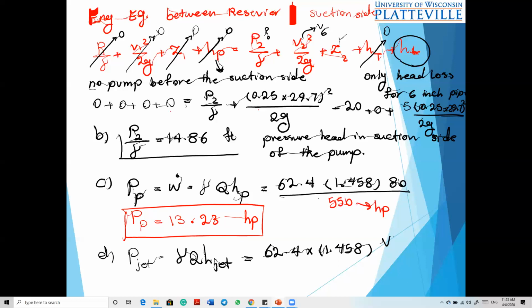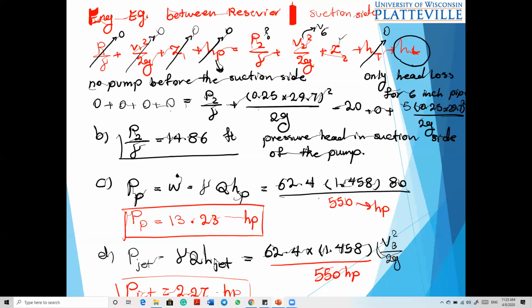It's only velocity head. So everything in the jet is velocity. Divided by 550 to make it horsepower, and the power for the jet is 2.27 horsepower.